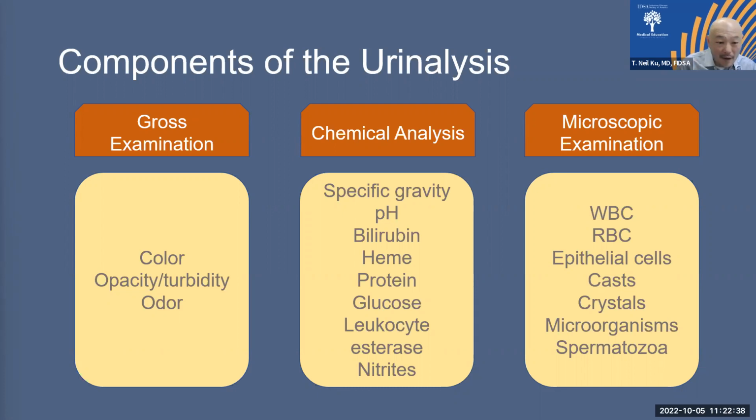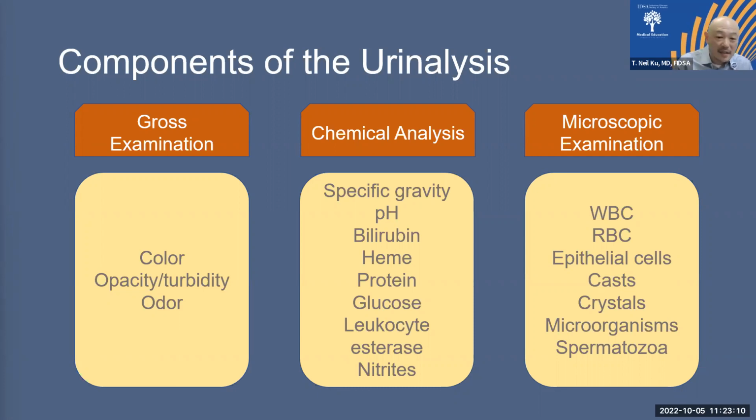Is it opaque, is it clear, or is it turbid? Is there something swishing around in there? And then the odor. Certainly in the pediatric population, maple syrup urine disease is something that pediatricians used to use. But nowadays it's more, oh, the urine smells strong, or smells foul, and that is a lot of times used to trigger ordering a urinalysis. So that's the first component.